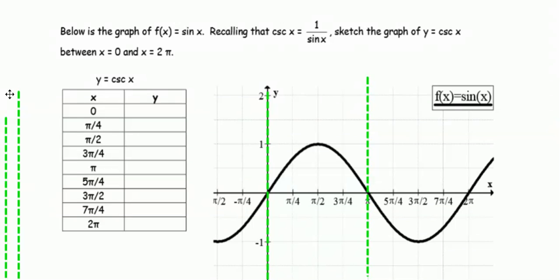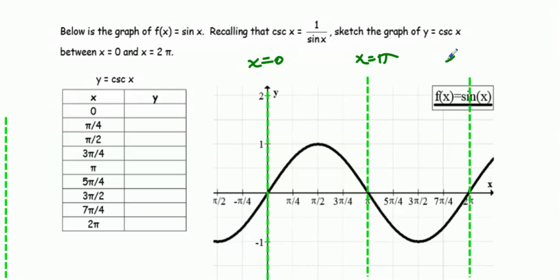If we're doing this between 0 and 2 pi, then we don't need to go past 2 pi. It stops there. So we've got the 3 asymptotes. I'm going to label those right now. This is x equals 0, this one is x equals pi, and this one is x equals 2 pi. Those are the 3 asymptotes on our reciprocal function.